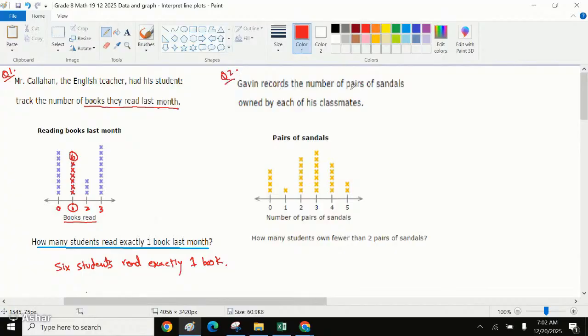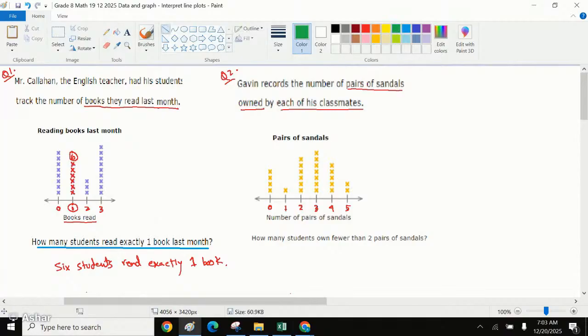Gavin records the number of pairs of sandals owned by each of his classmates. That means these many students owned 0 sandals, these many students owned 1 sandal, and so on, right? So the minimum number of sandals is 0, they have no sandals, and the maximum number of sandals they can have is 5, right?